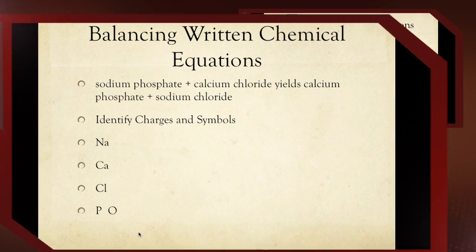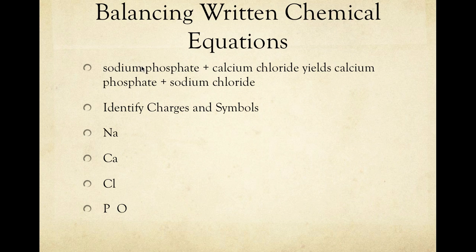Now we're going to go step by step again with another written chemical equation. We have sodium phosphate plus calcium chloride yields calcium phosphate plus sodium chloride. Our sodium has a positive 1 charge and is represented by Na, so we put a positive 1 here.